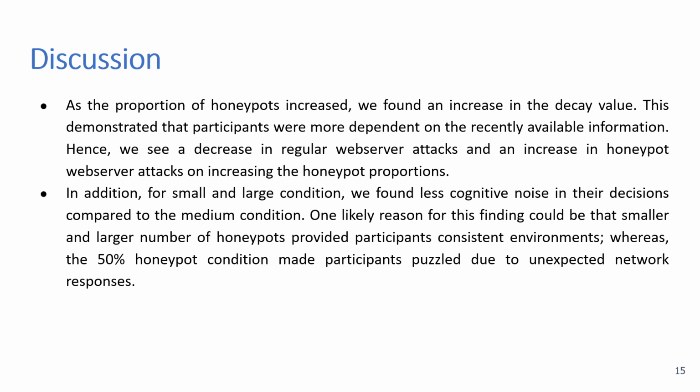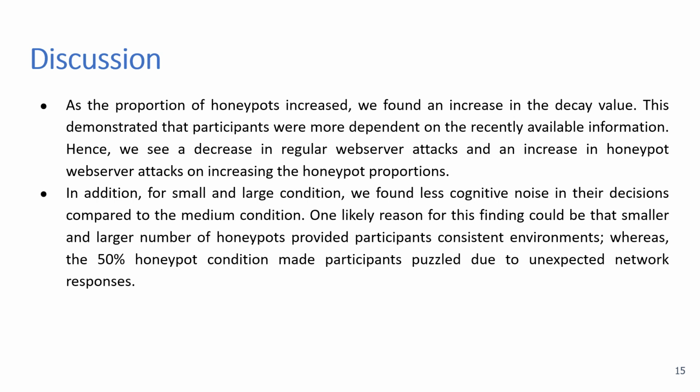Hence, there was a decline in regular web server attacks and an increase in honeypot attacks as the proportion of honeypots increased. Since they probed and attacked honeypots in the large condition, they believed the information, and so they believed there is a possibility of having honeypots in the web servers and also in the network.